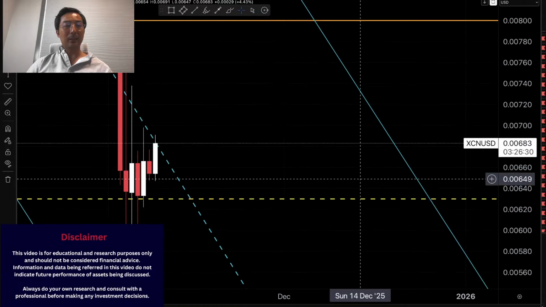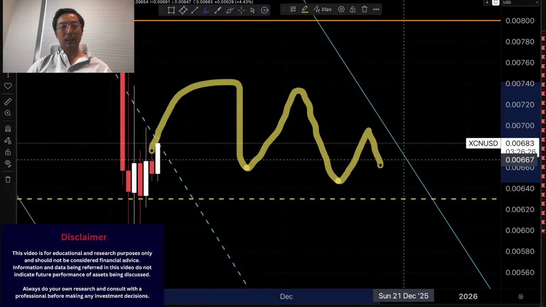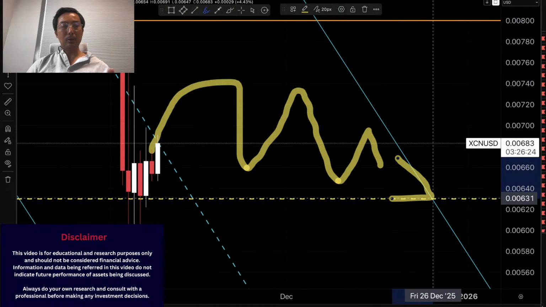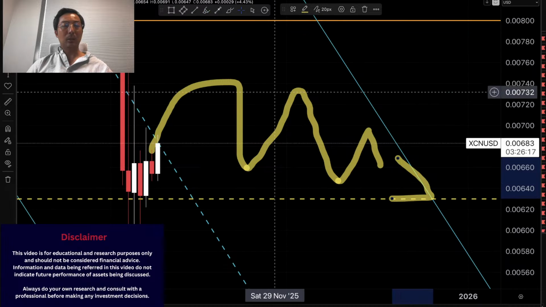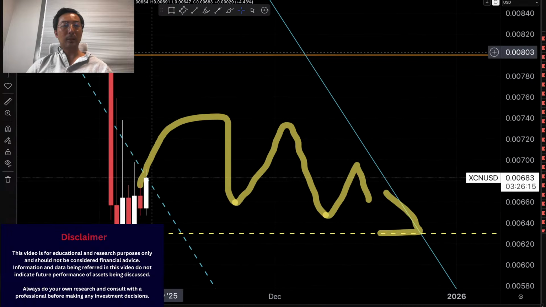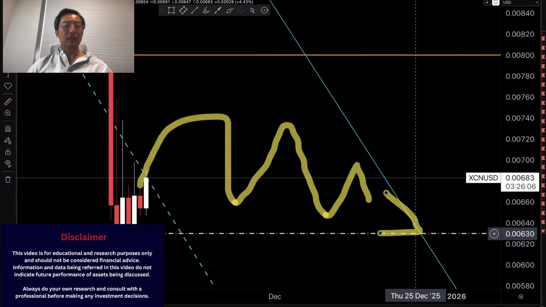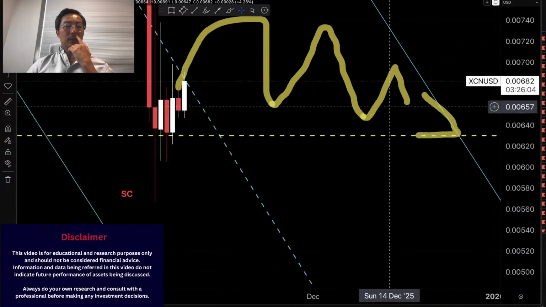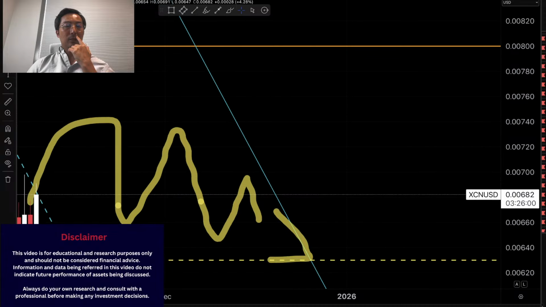So assuming this continues to the right hand side, continuing the question we had, this time point points to somewhere near Christmas, which is much earlier than the dates that we just talked about. If that continues, being suppressed under the orange key level of around 0.8 cents, then this is the time near Christmas that Onyx may be able to break outside of this downtrend.